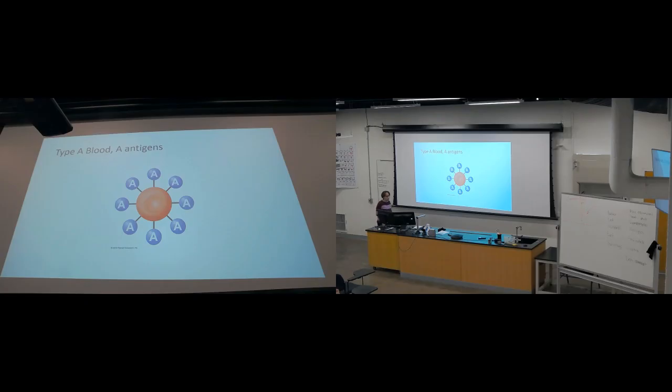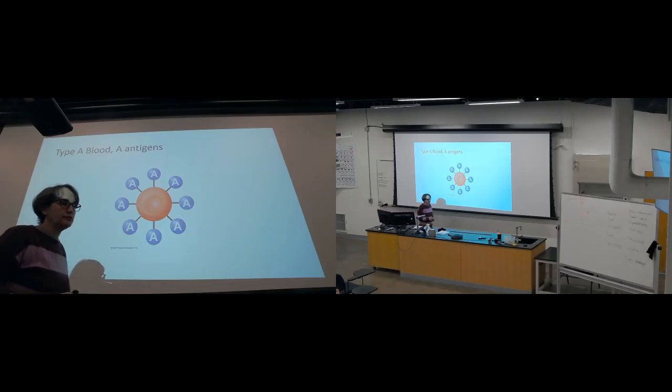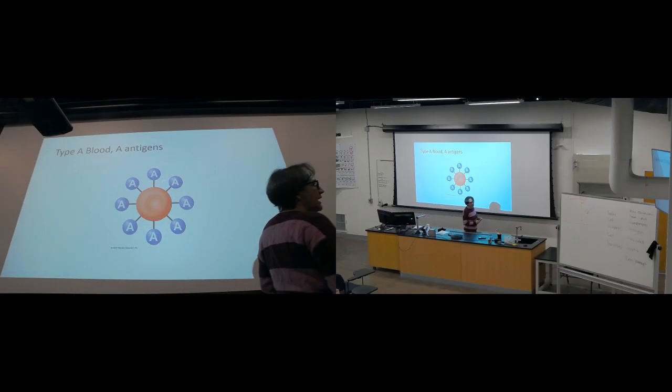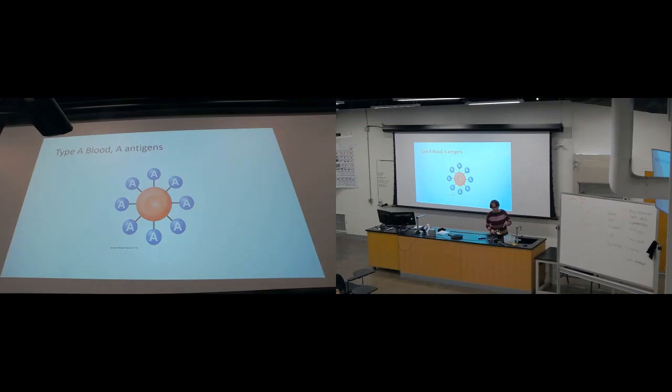Okay, so now let's move into blood types. The erythrocytes have antigens in the plasma membrane. And these antigens are used to classify the blood into major subtypes.